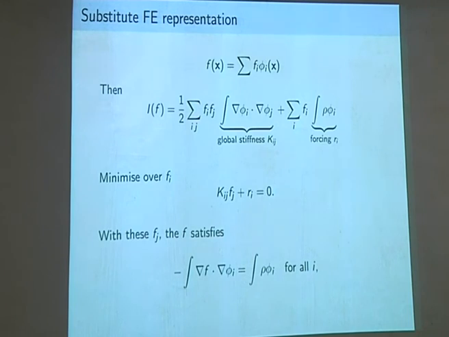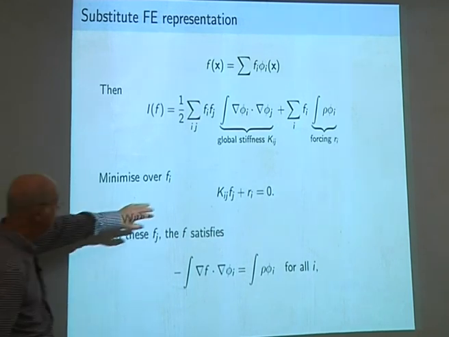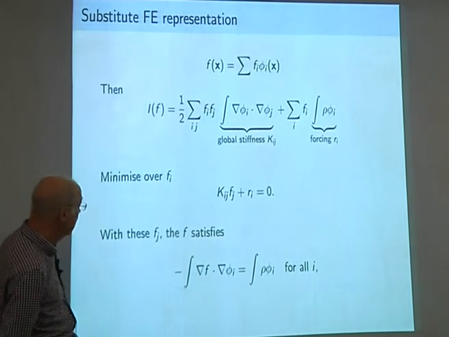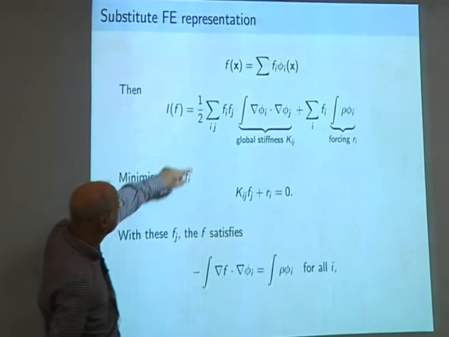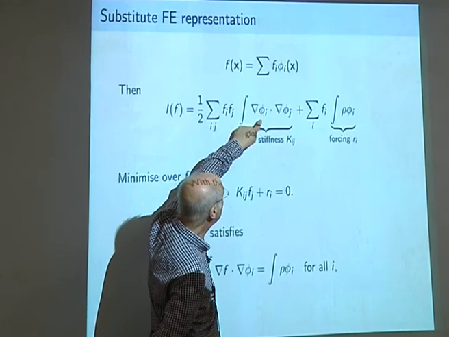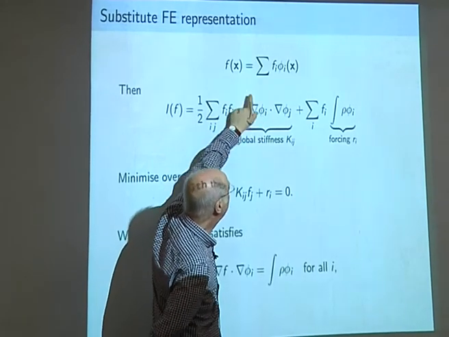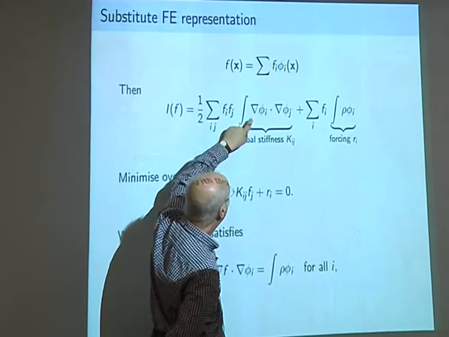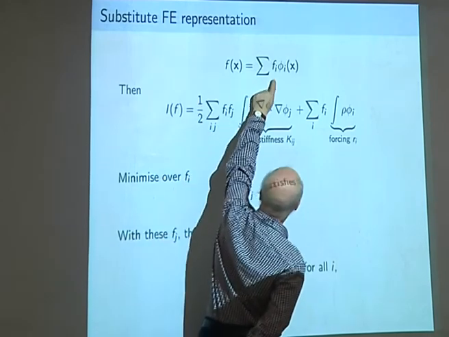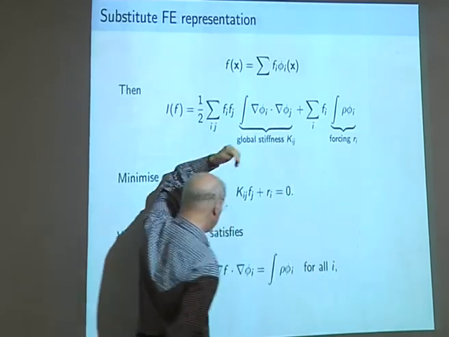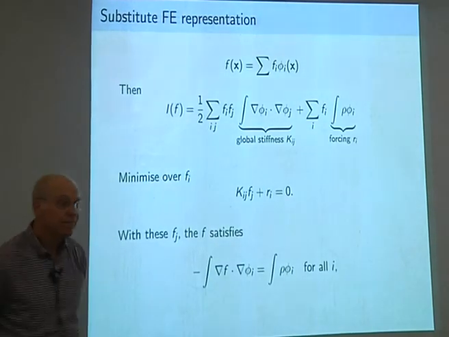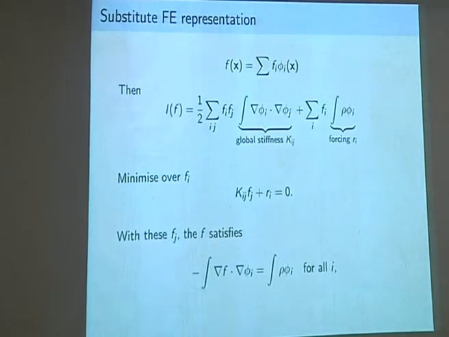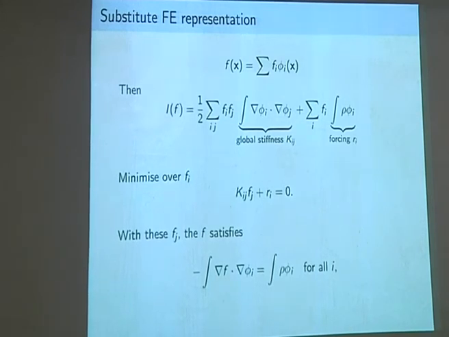And if you choose your parameters to satisfy this equation, then it means that the sum of the f_i times the phi_i, which is the function, satisfies this. And that's an interesting remark.